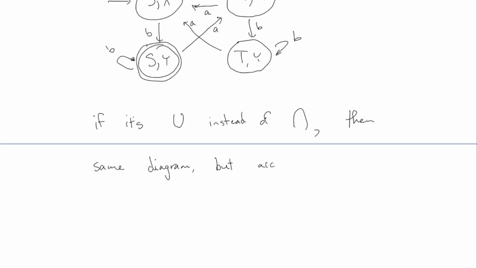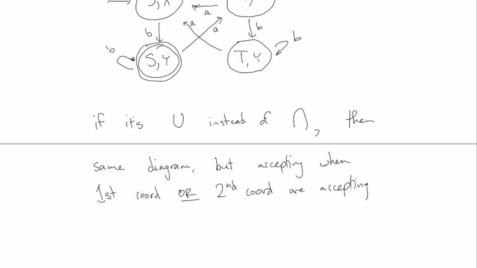but accepting when I will say either the first coordinate or the second coordinate are accepting. By coordinate, I mean each of these things has a pair in it. So there's the first one and there's the second one.